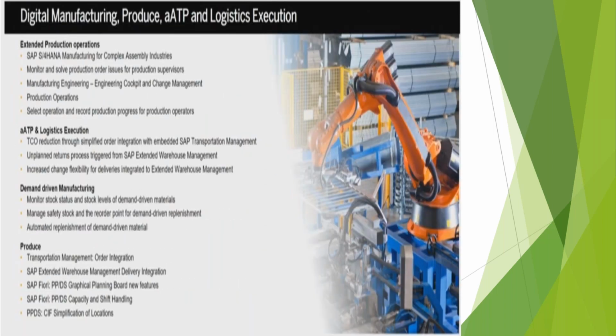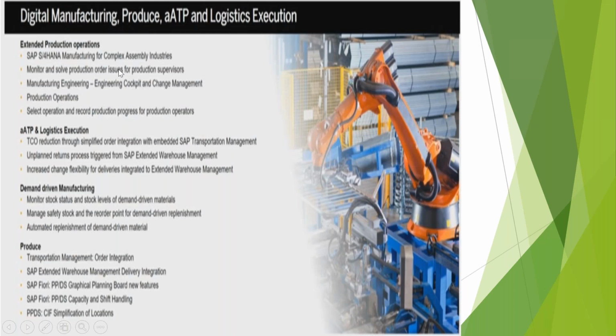Okay, similarly, if you see from the logistics execution point of view, right, there are so many additions. This and all not directly relevant for finance, but still we can just see. Okay, so what are the areas where you can see the advantages from the logistics point of view? See extended production operations, right?